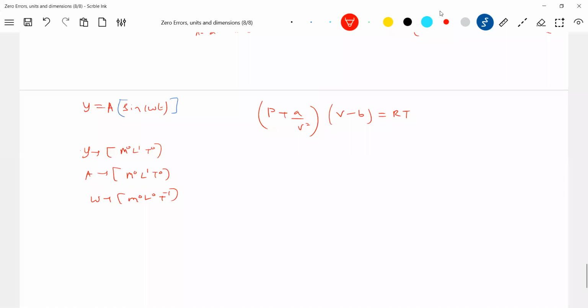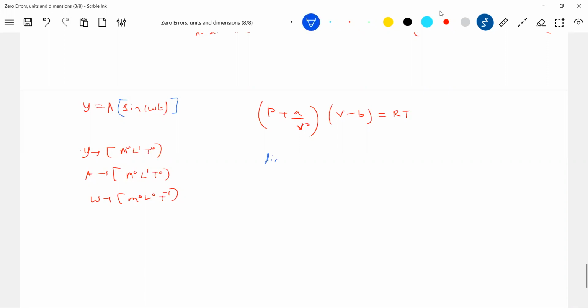I have brought an equation which has plenty of operations, addition, multiplication, subtraction. The dimensions of P should be equal to the dimensions of A by V square. The dimensions of b should be the dimensions of the volume. And the dimensions of these two outputs should be equal to this one.